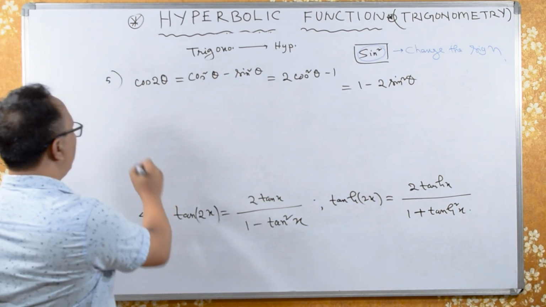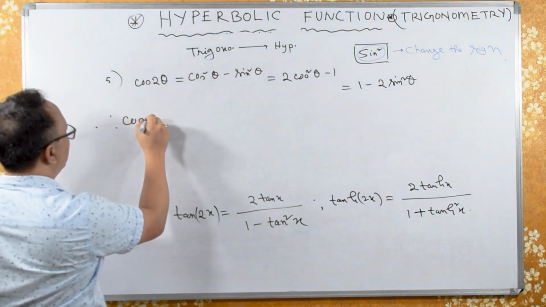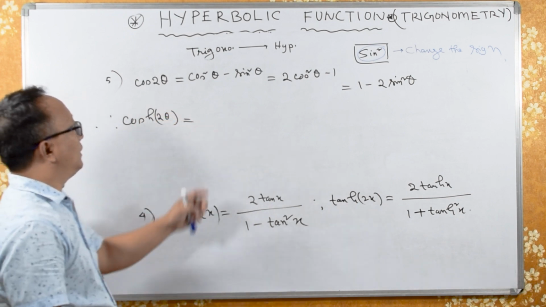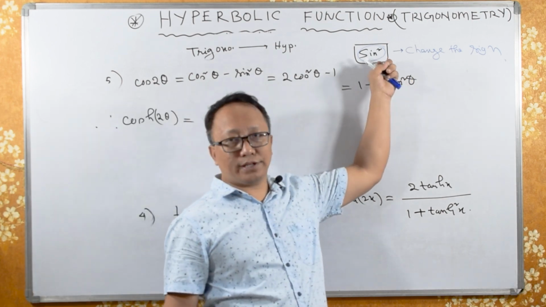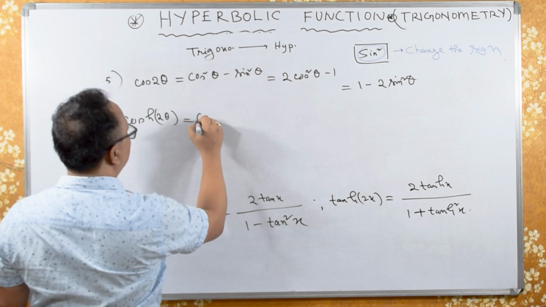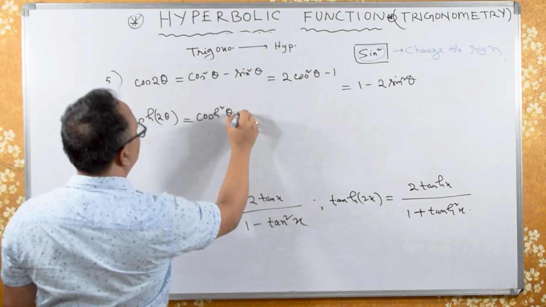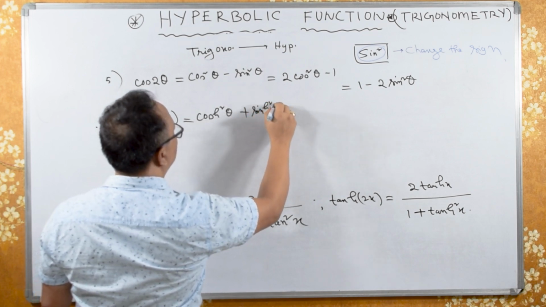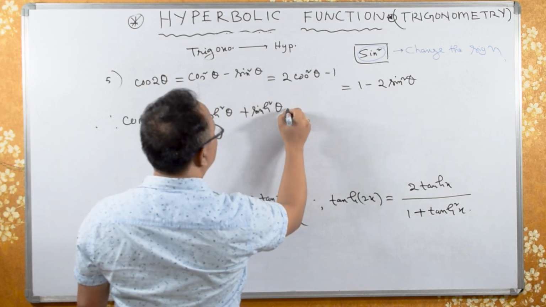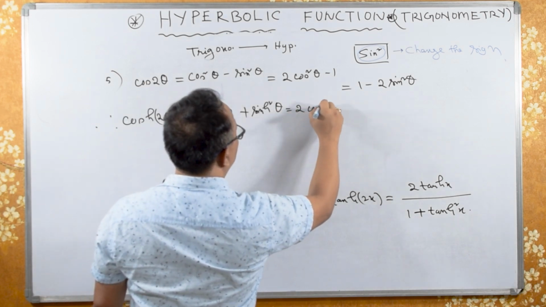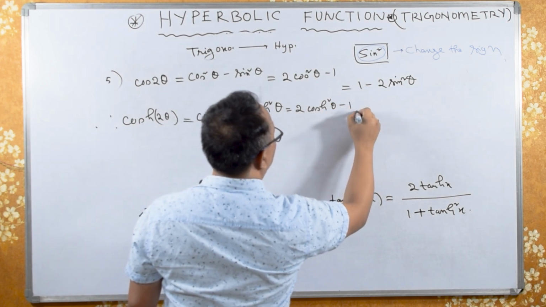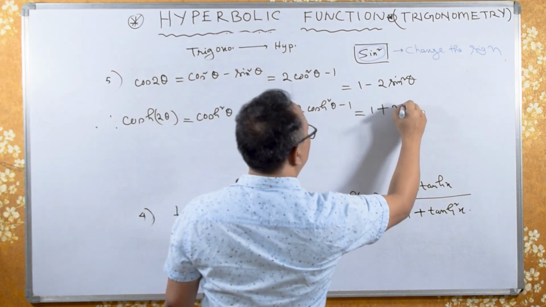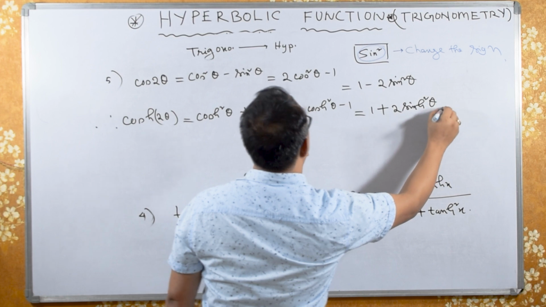Now cos hyperbolic 2 theta: you have to change the sign where it involves sine square. Here you will not change anything. Here cos hyperbolic square theta, minus will become plus sine hyperbolic square theta. Here 2 cos hyperbolic square theta minus 1 stays as it is, and here 1 minus will become plus 2 sine hyperbolic square theta.